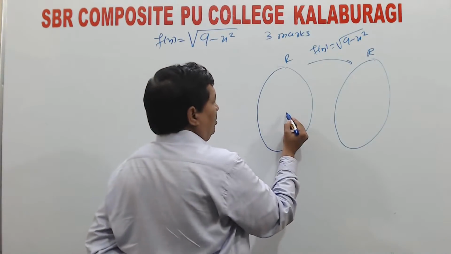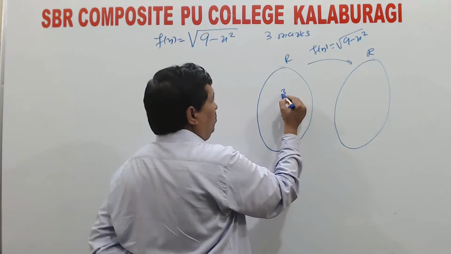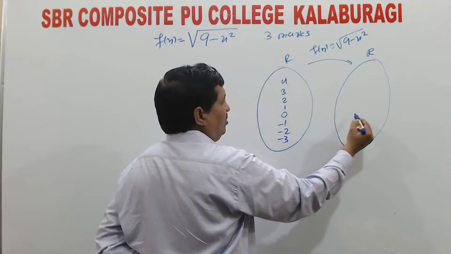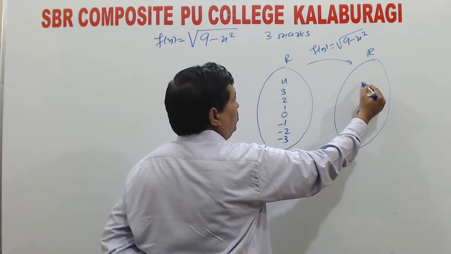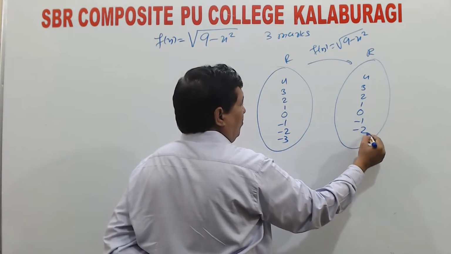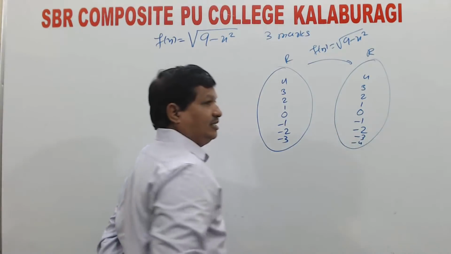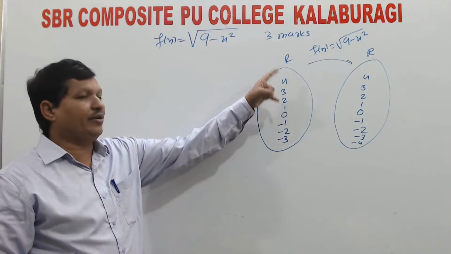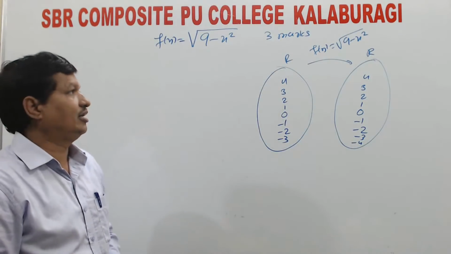Now 0, 1, 2, 3, 4, minus 1, minus 2, minus 3. So this is the example. The domain is not R. Why domain is not R? You have to discuss here.